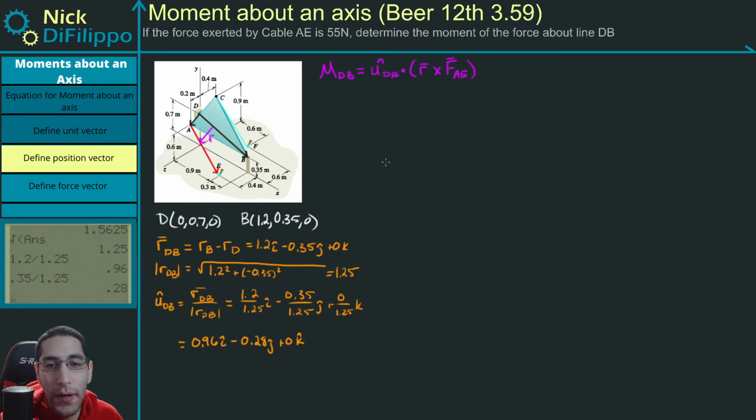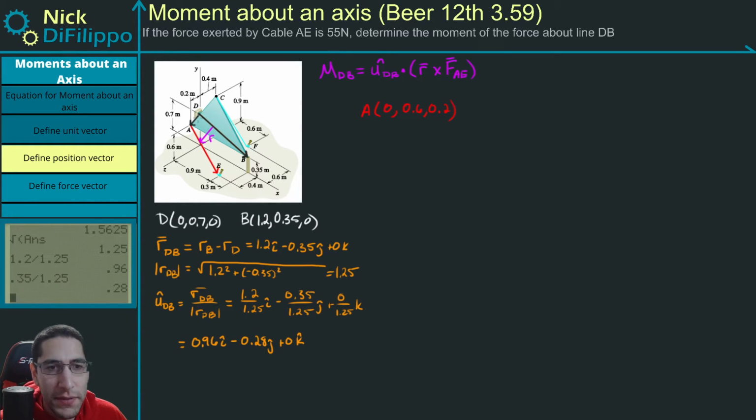So I need to know what point A is. Point A is 0 in the X. We don't go anywhere in the X direction. We go 0.6 in the Y direction, and 0.2 in the Z direction.